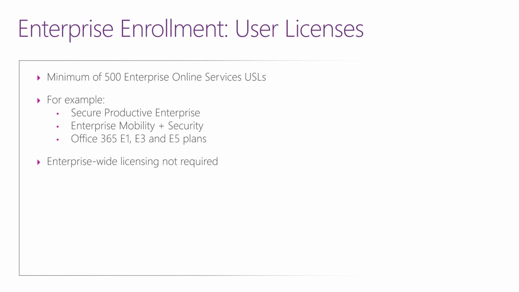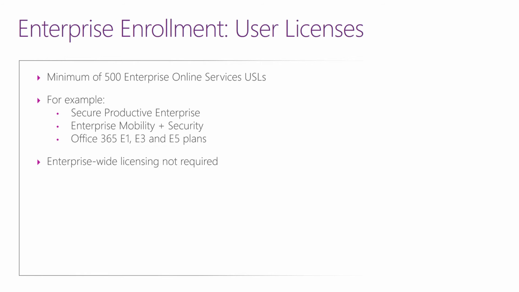You can see some examples of enterprise online services here, and one important point to note is that one characteristic of an enterprise online service is not that it needs to be taken enterprise-wide. The word enterprise, when applied to an enterprise online service, is just used to denote the fact that it's one of the online services that you may start an enterprise enrolment with if you order 500 of them.